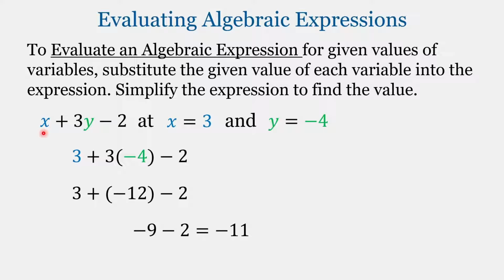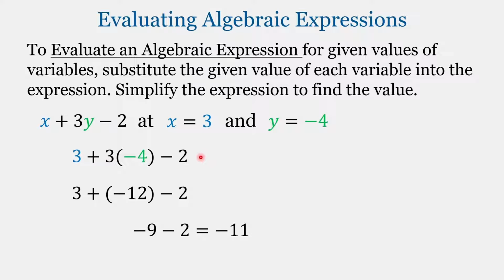Whatever the variable is, so in this case, we have a variable x, we're going to replace it with the given value. So in this case, 3. And then whatever y is, we will replace it with the given value for y, which is -4 in this example. So all the x's become 3's, and all the y's become -4's.